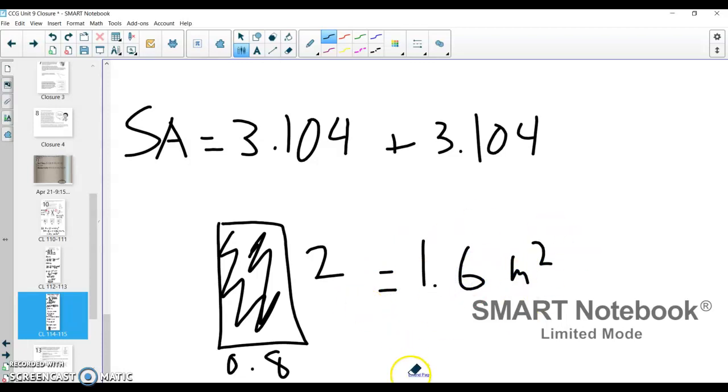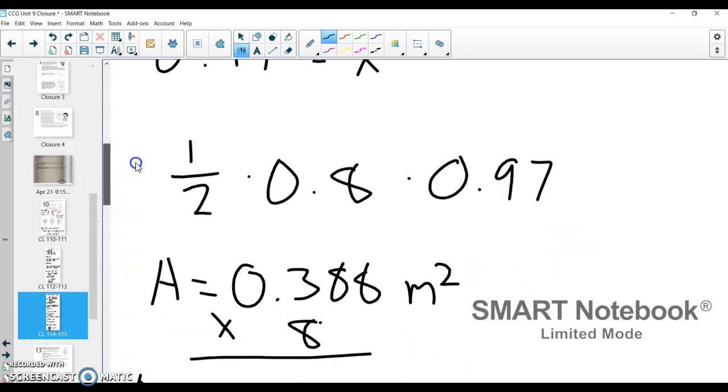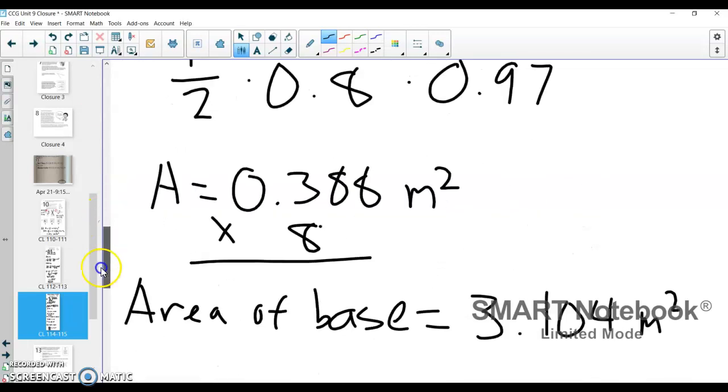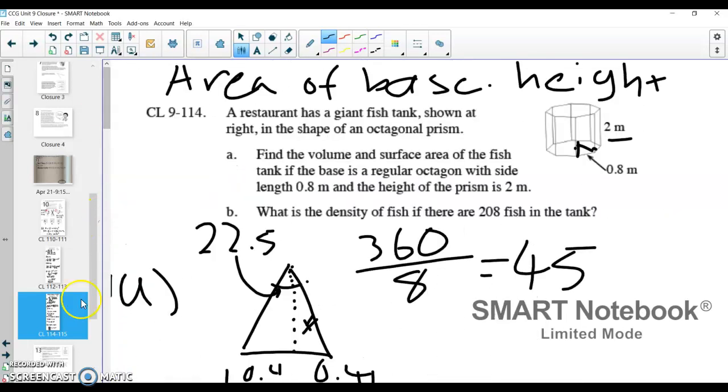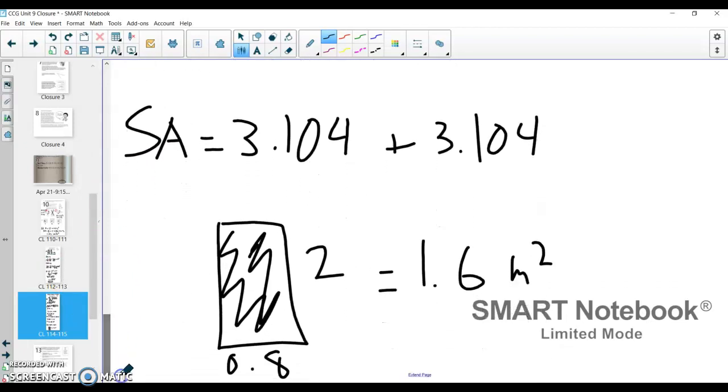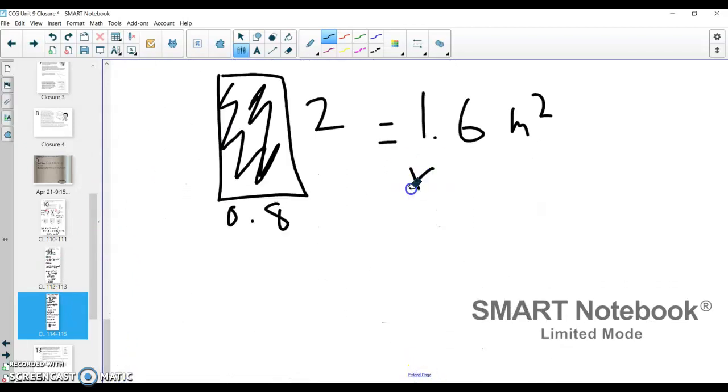All right. Well, this is an octagonal prism, which means there's eight identical rectangles going around the shape. And so I can just take that area of one of them and multiply it by 8, which I'm going to do here. So 1.6 times 8 gives me 12.8.